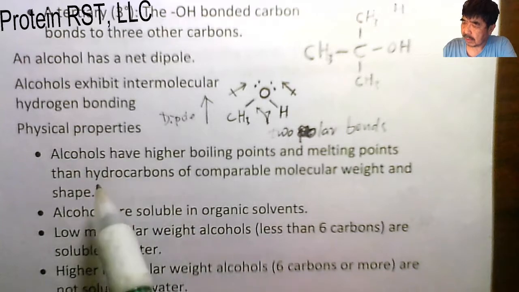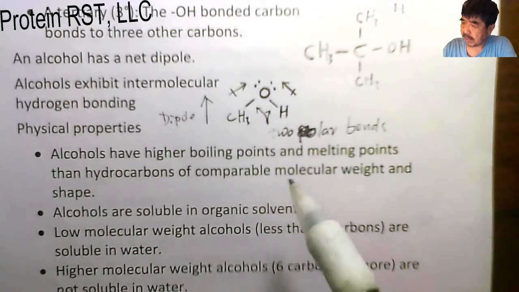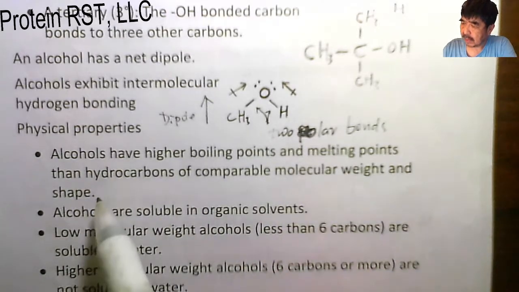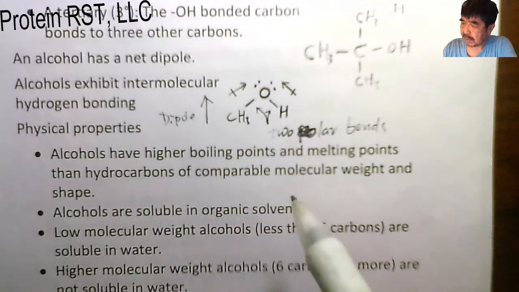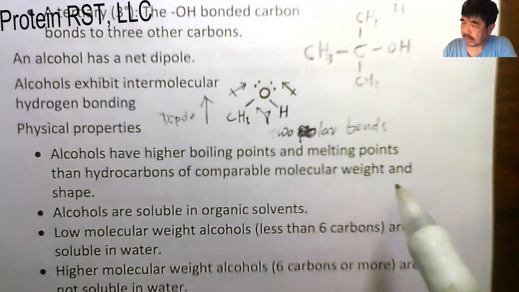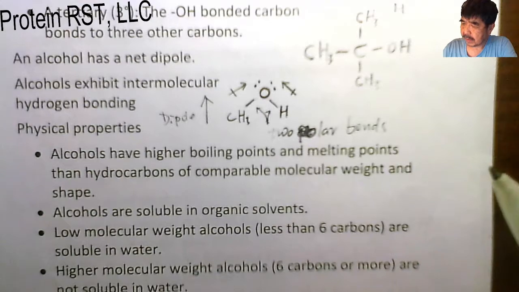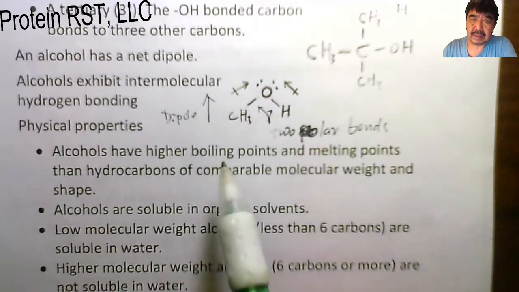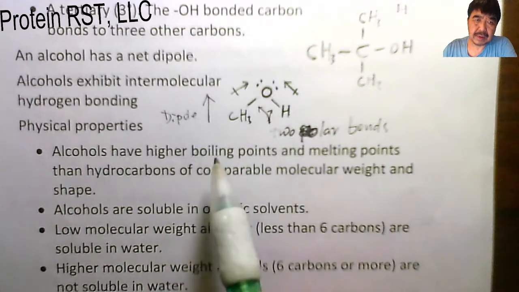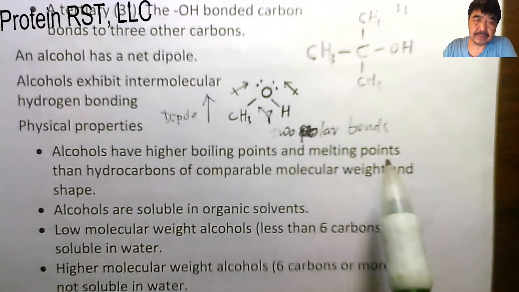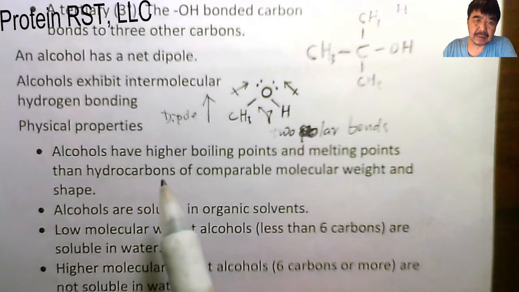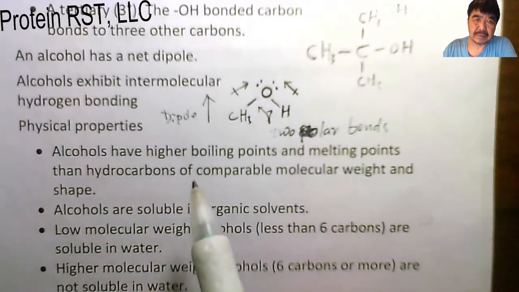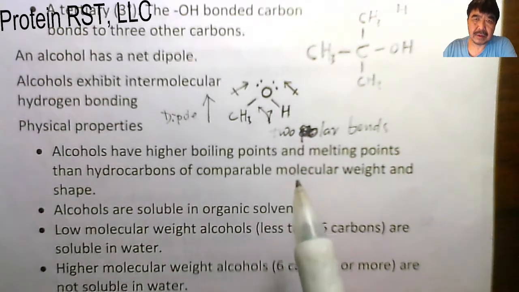So alcohols have higher boiling points and melting points than hydrocarbons of comparable molecular weight and shape. Basically, alcohols have higher boiling points and melting points than organic compounds that cannot form intermolecular hydrogen bonding.